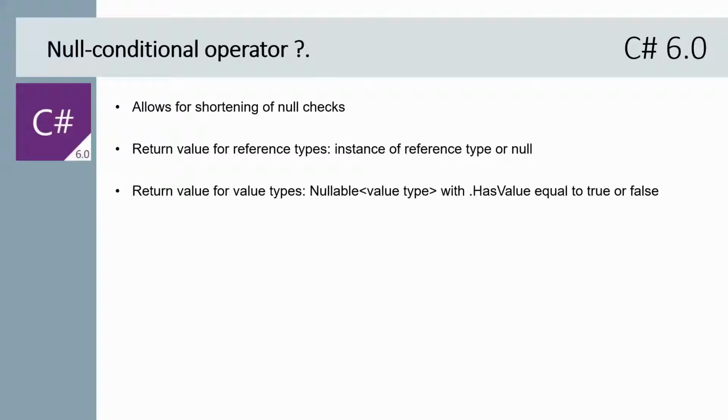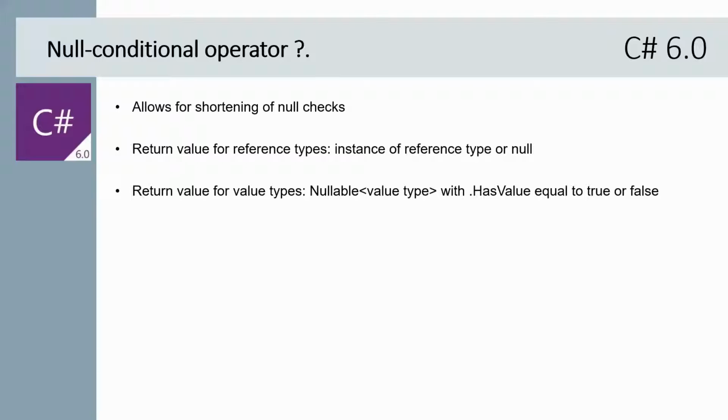With the null-conditional operator, you can call the member or the property or the function without caring if it is null. Because if it's null, the code behind the operator is not executed. That's done in a simple way.